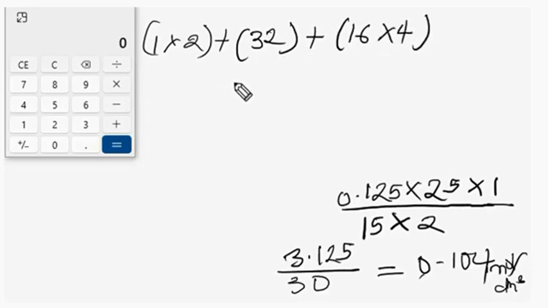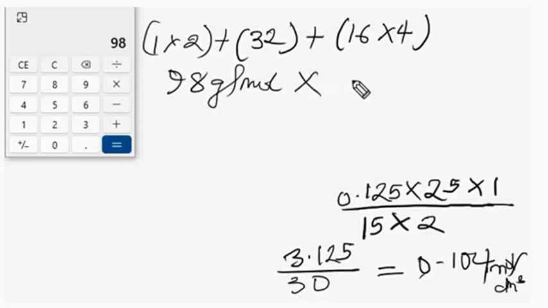So guys, when we add this up together, that's 2 plus 32 is 34. Then 16 times 4, that's 64, plus 34, that's 98. So guys, the molar mass here is 98 grams per mole.